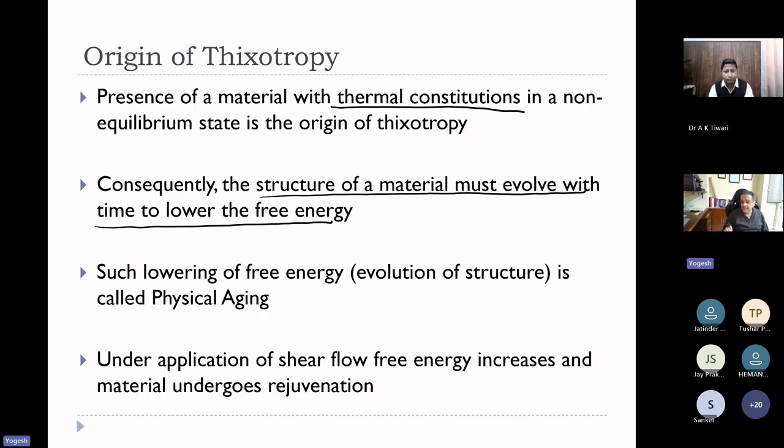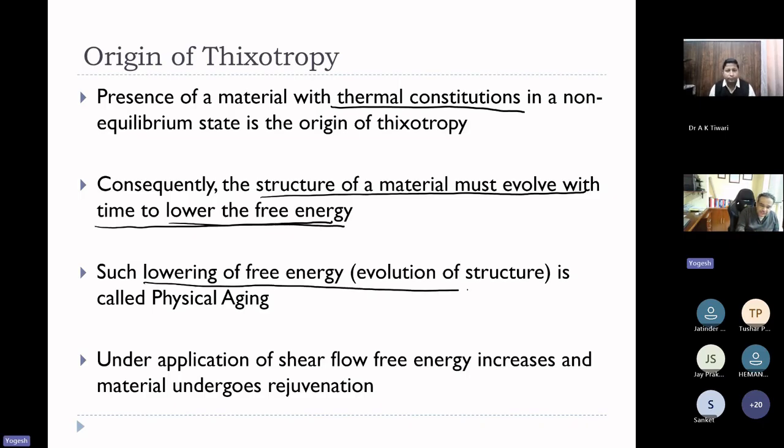Keep in mind that the macroscopic world that we live in is completely dictated by thermodynamics. All right. And the second law is that ever powerful law which is responsible for everything that goes on around us. So according to that, under constant temperature and pressure conditions, it is the Gibbs free energy that continuously decreases. And if these constituents are thermal in nature, that thermal motion builds structure in such a fashion that free energy decreases.